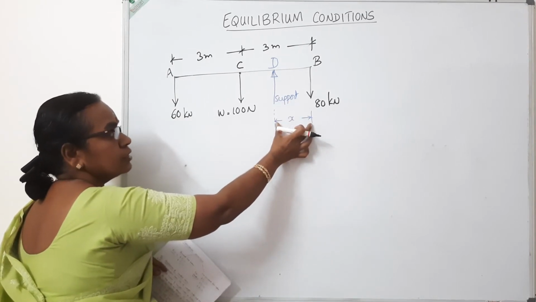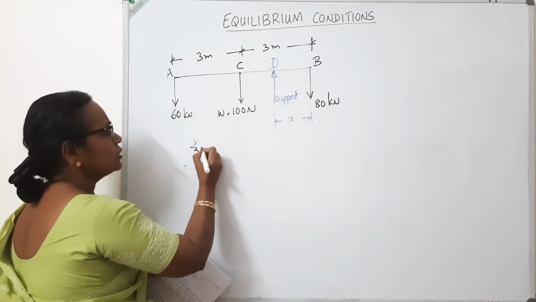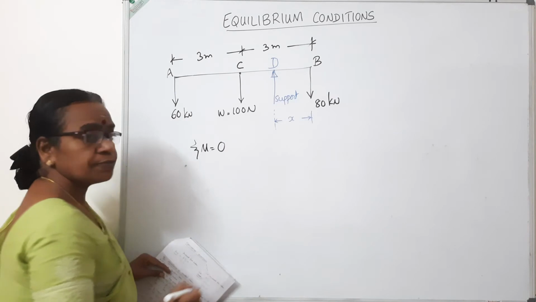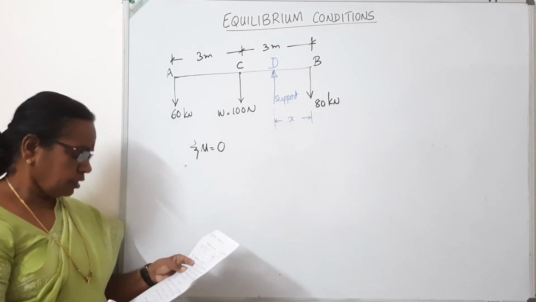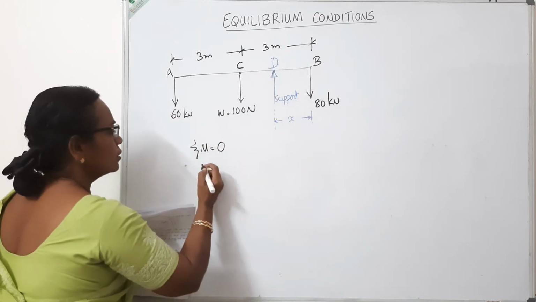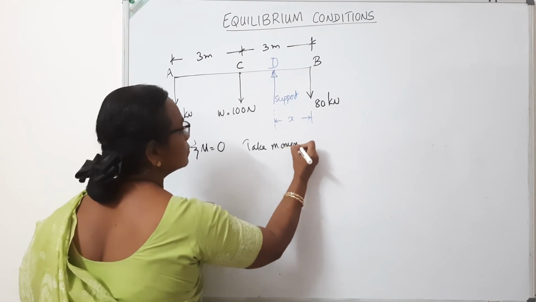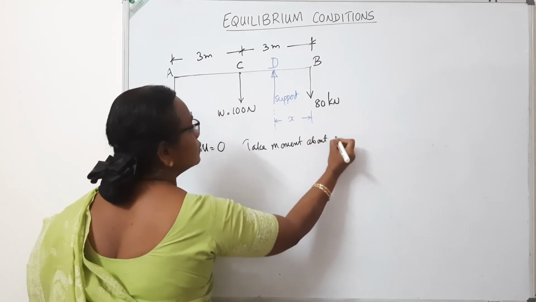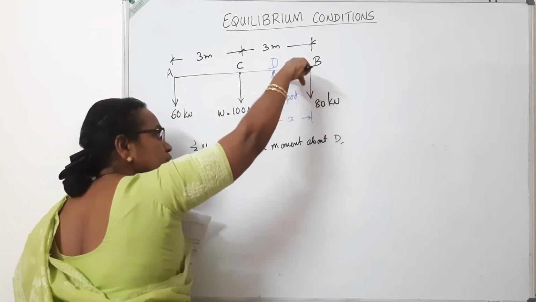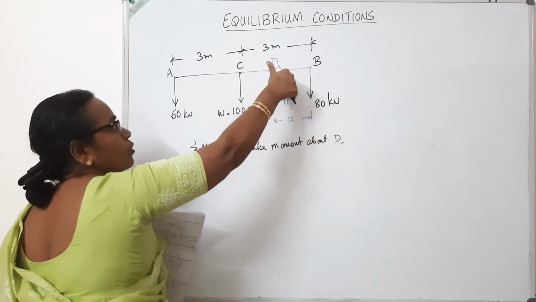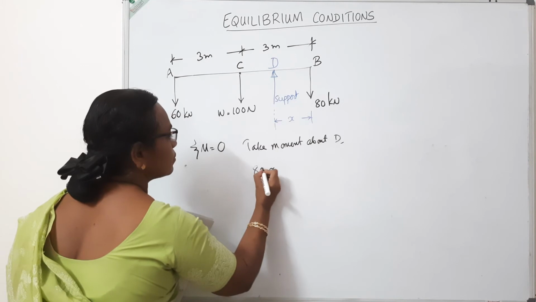If you want to find out the distance, let us take moment about any one point. Only one condition, sigma M, moment of all the forces about any one point must be equal to 0. Let us take moment about support D. The 80 kilonewton acting downward will produce a clockwise moment, 80 into x distance.